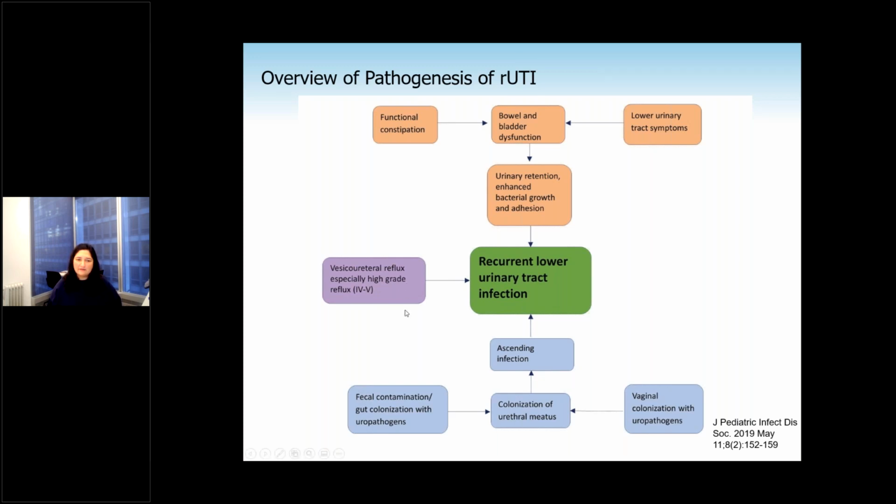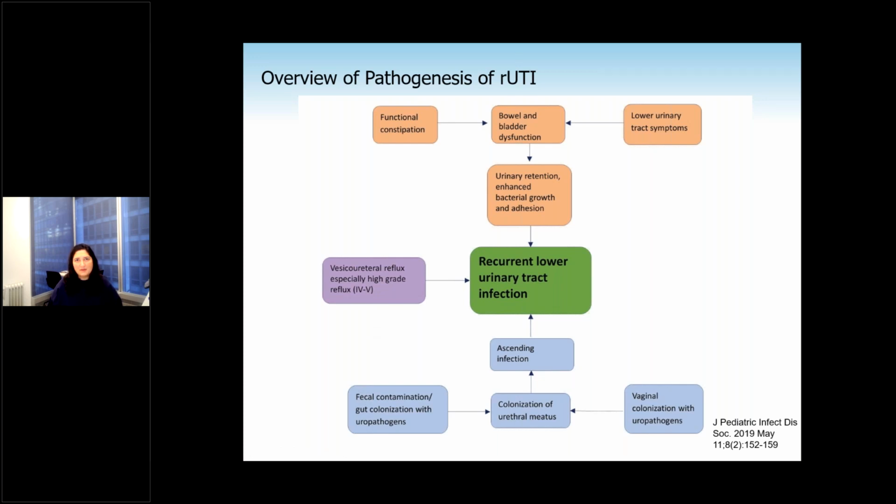And then you can have VUR, especially high-grade VUR. Grades 1 to 3 are typically not associated with recurrent UTI, or the risk of recurrence is low. But high-grade reflux, that's 4 to 5, is a major risk factor for recurrent UTI. And then you can also be colonized with some bacteria, either within the gut or within the vaginal area in girls.